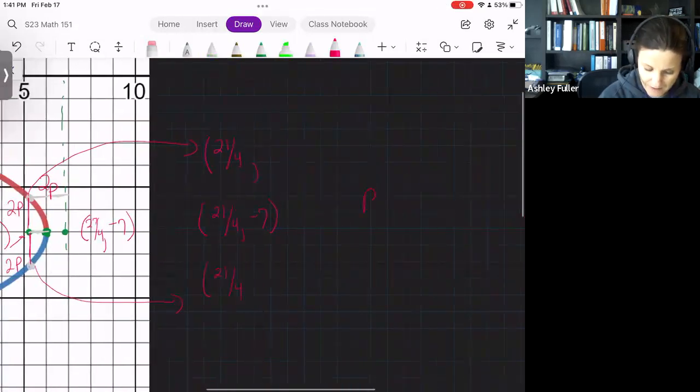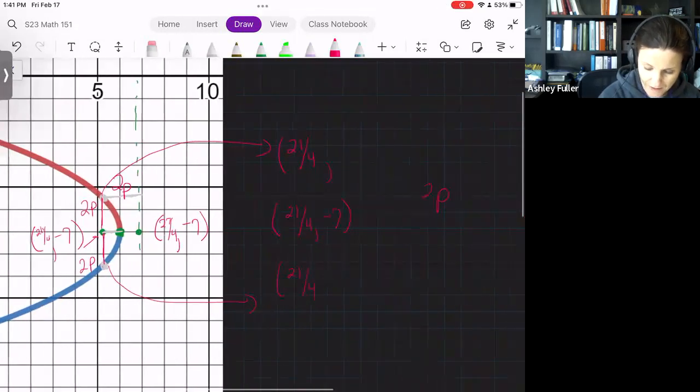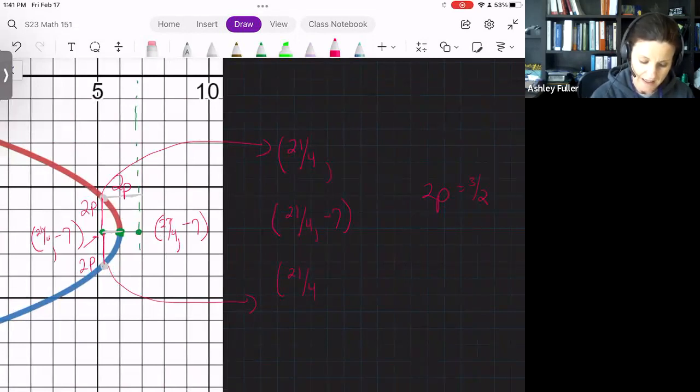So with a 2p value of 3/2, I can take -7 and I can move up a value of 2p, which takes me to -5.5, or -11/2. And then I can also go down 2p, which takes me to -8.5, or -17/2.